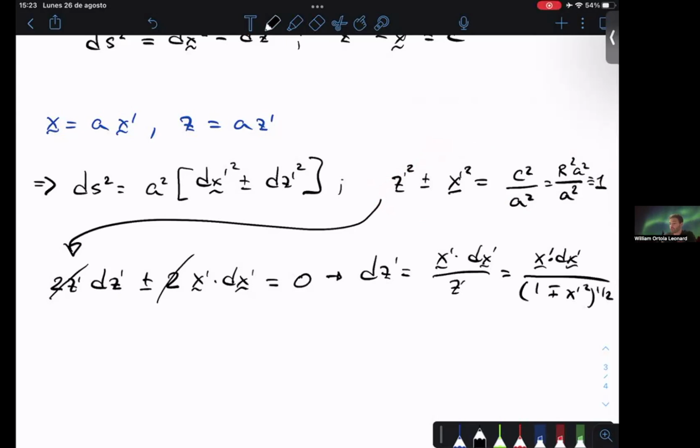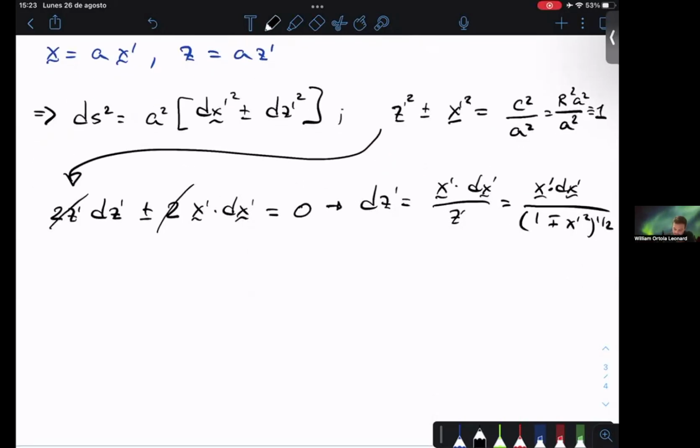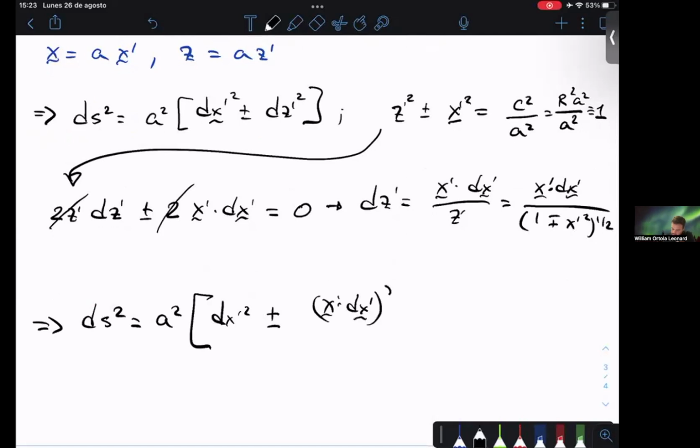So now we can plug that into our metric, and what we find is a squared times dx prime squared plus or minus x prime dotted with dx prime, everything squared, divided by 1 minus or plus x prime squared, okay?